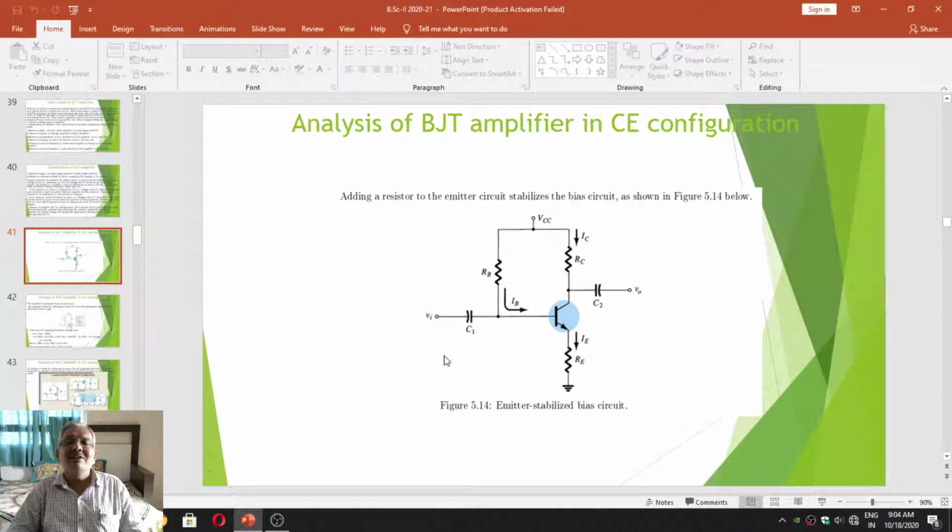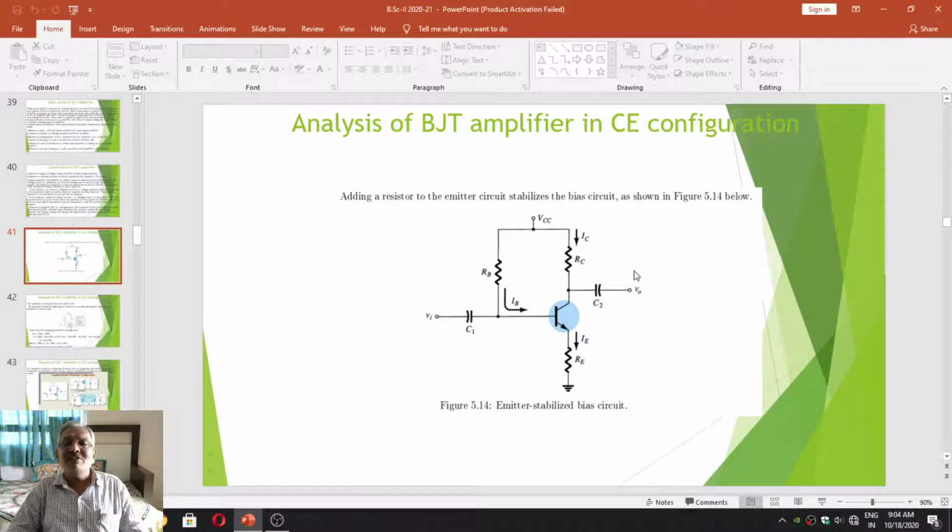That is, the input Vi or Vin or Vs is applied between base and emitter, whereas the output is taken across collector and emitter. In both the cases, the emitter is common for input as well as the output. That is the reason why it is called a common emitter configuration.